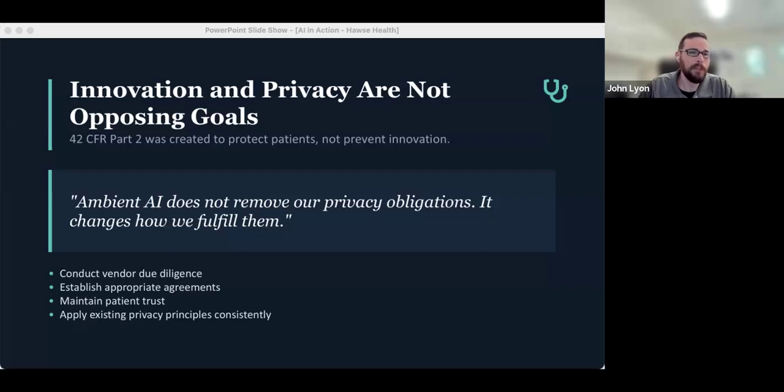So if they meet those requirements, they probably meet the requirements of both HIPAA and Part 2, but you still need to make sure that they have the appropriate BAA or the appropriate qualified service agreement for the US. I hope I answered that quickly enough.